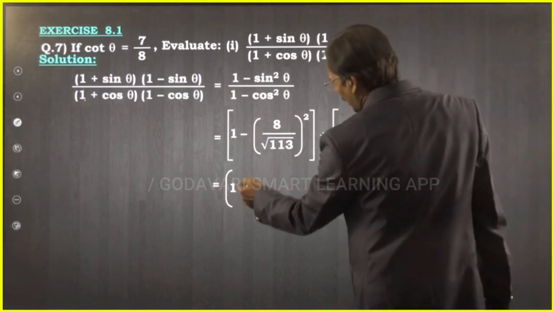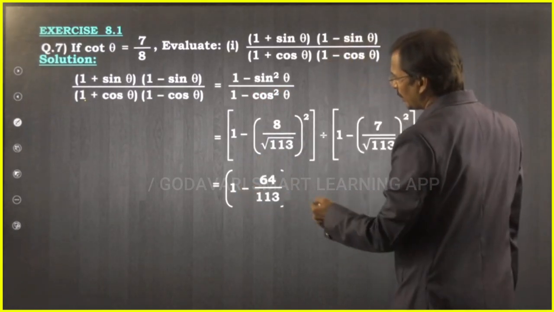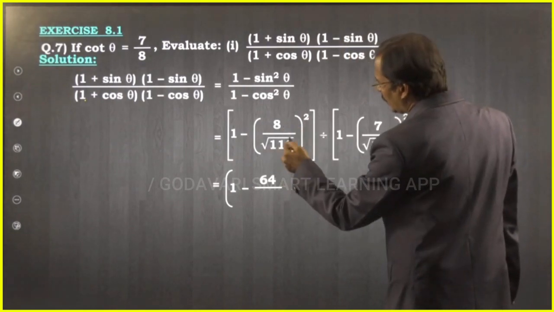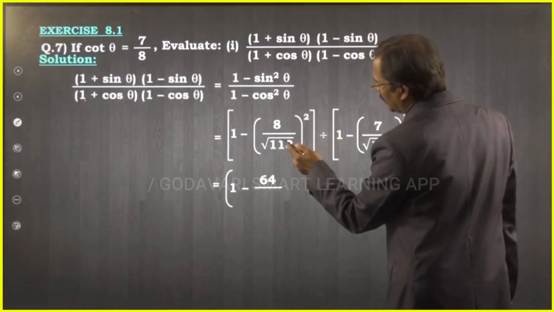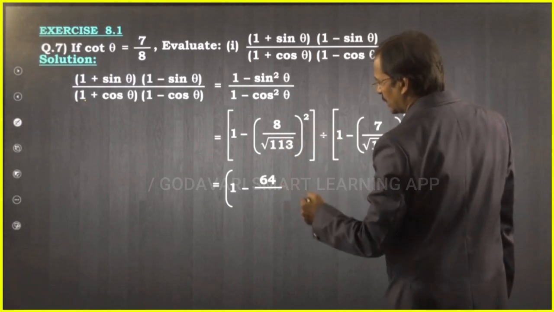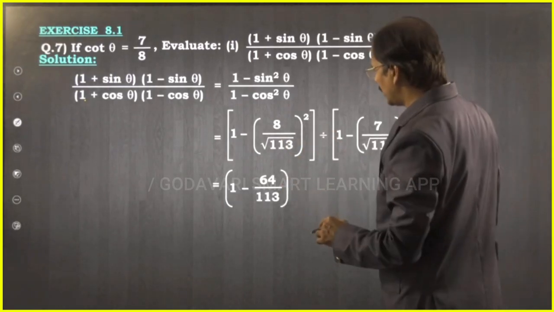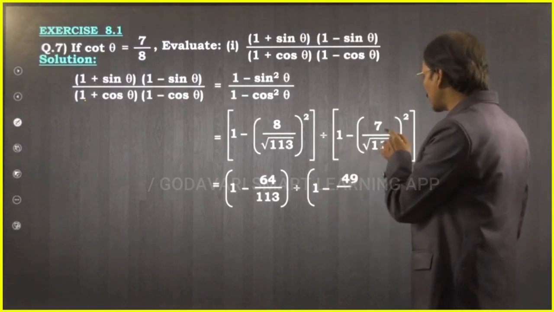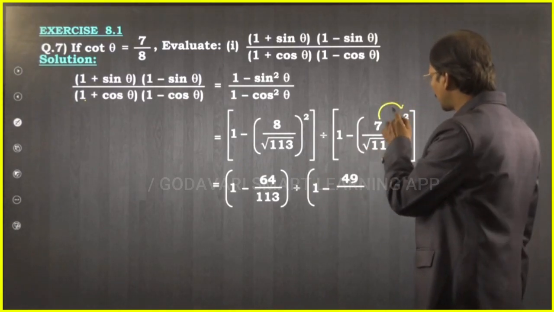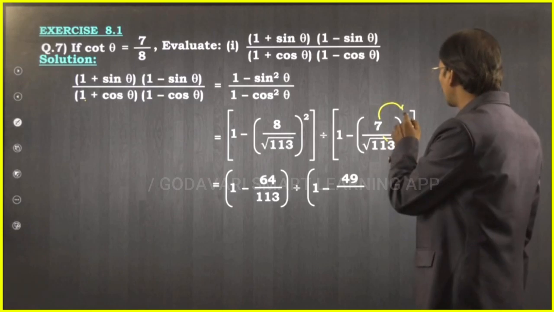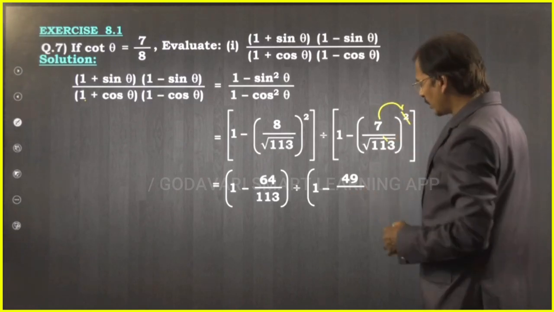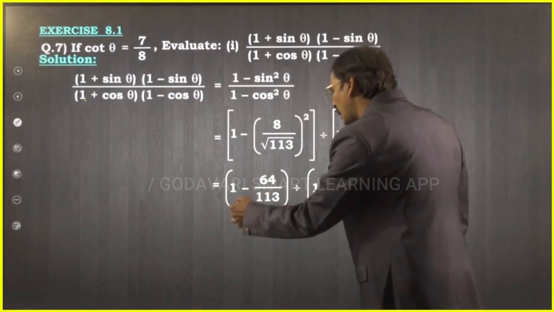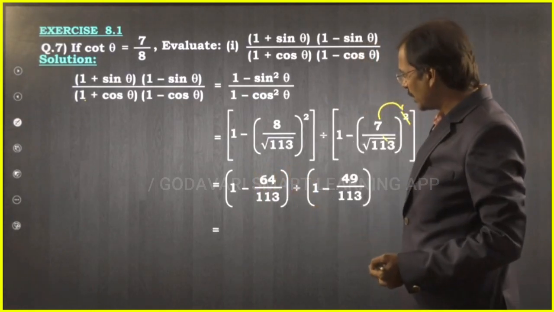Here 8 square is 64, and the square root and square cancel, only 113. Similarly 7 square is 49, root and square cancel, we get only 113. So we have to simplify the fraction.